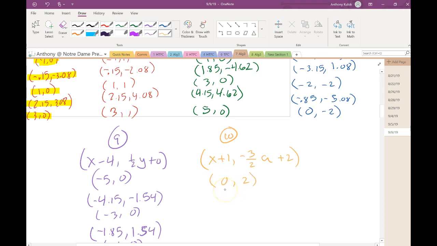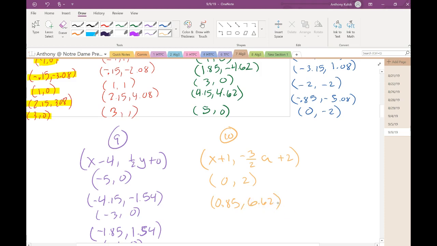If I plug in -0.15, comma, -3.08, I have positive 0.85, comma, 6.62 here.